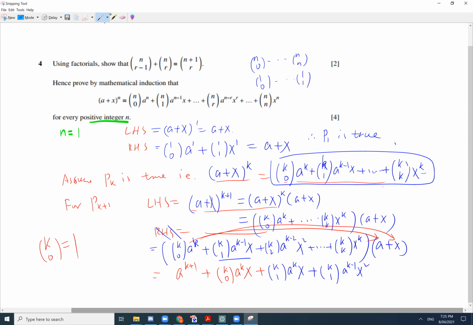I just expand this one with the bracket, this one with the bracket. Guys, try to expand the other two. I use the first term and second term. We try to finish the third term.